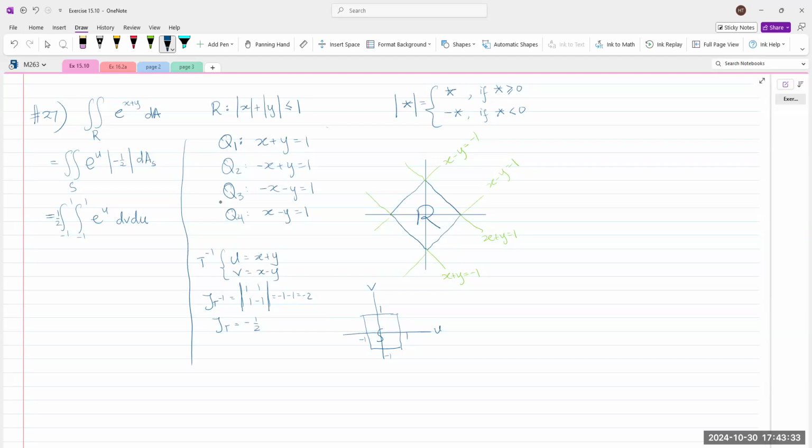So this is 1/2 integral from negative 1 to 1 of e to the u du times integral from negative 1 to 1 of d phi, which will give us 2. So 2 times 1/2, we basically get e to the u from negative 1 to 1. That's e minus e to the negative 1.